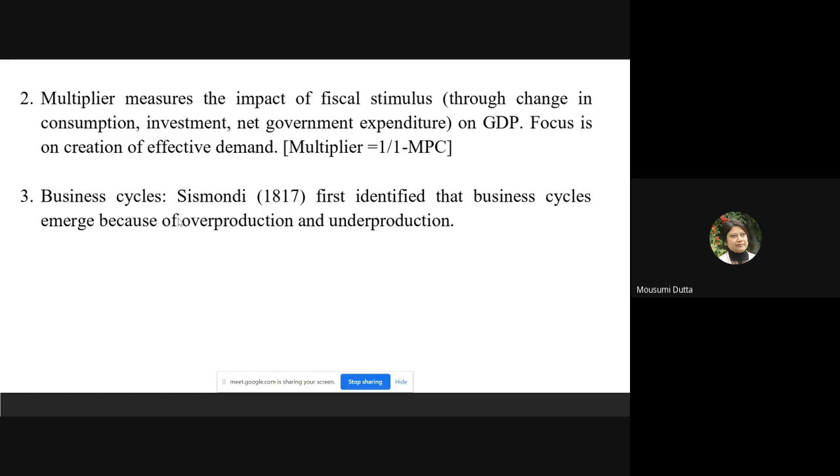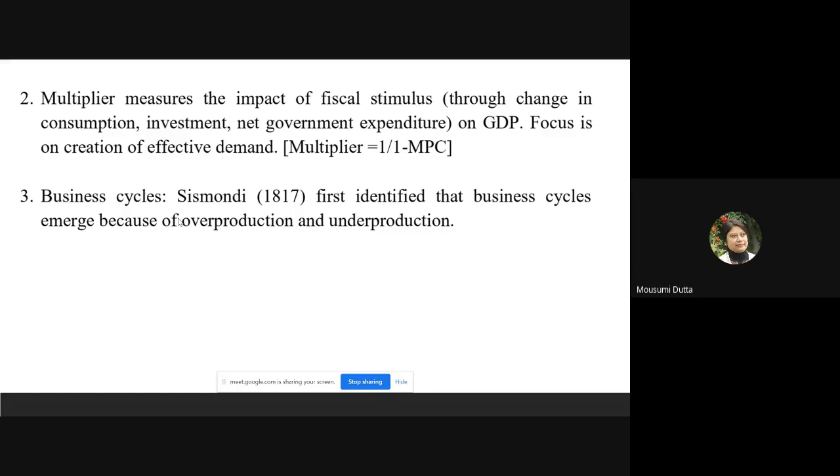I think in one or two classes you will learn how to calculate the multiplier: 1 by 1 minus MPC. This is the value of the multiplier. If consumption expenditure increases, the multiplier principle shows how income increases in multiples. Suppose consumption expenditure increases by 2%; then income may increase by, say, 20%.